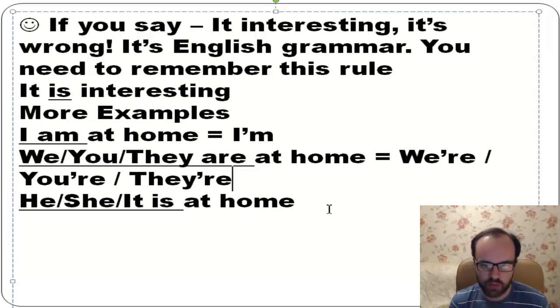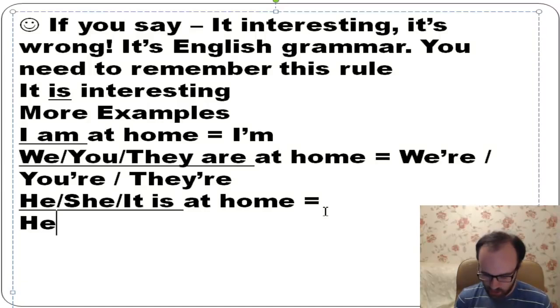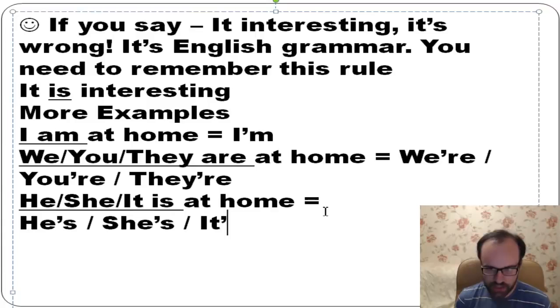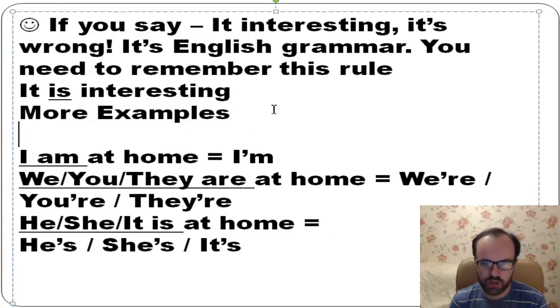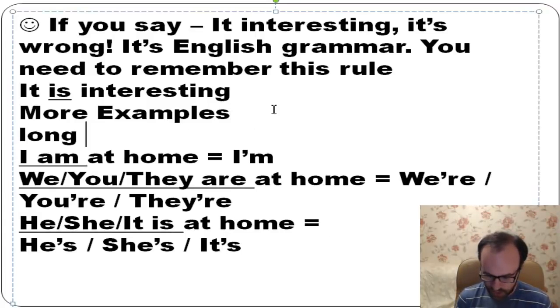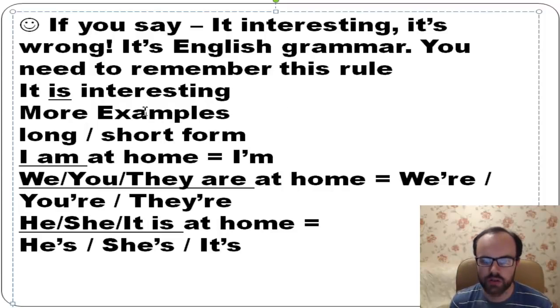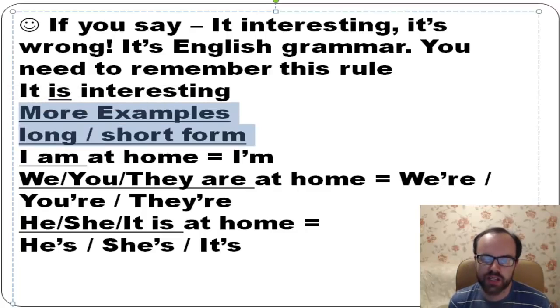So you see, he is at home is the long form, and he's at home is the short form. She's at home, and it's at home. Good.